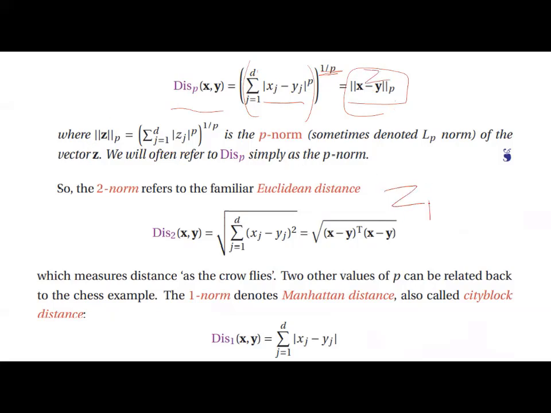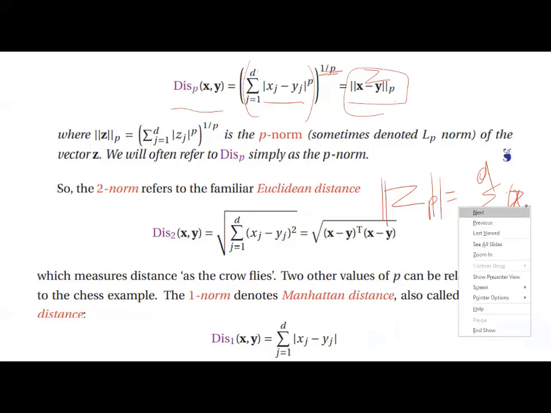So the p norm of z is the sum over j equal to 1 to d of modulus of zj whole power p. So this is the simplest way.